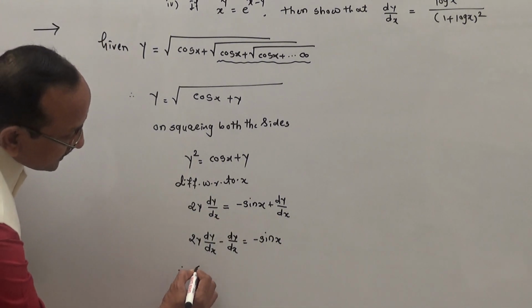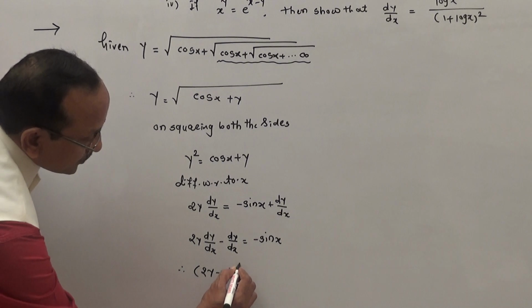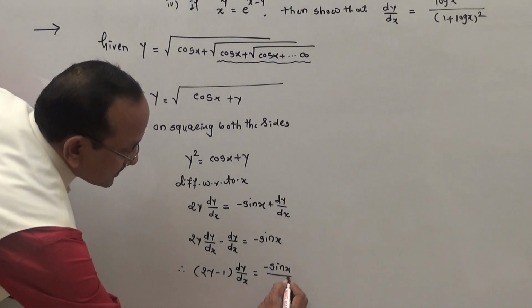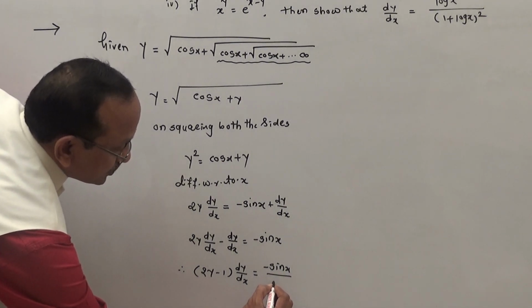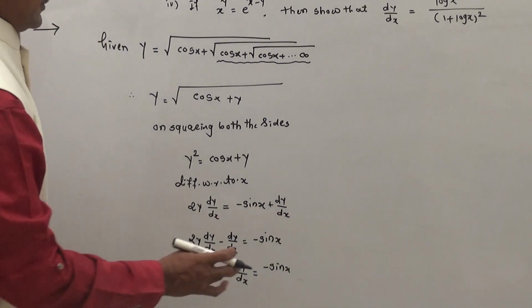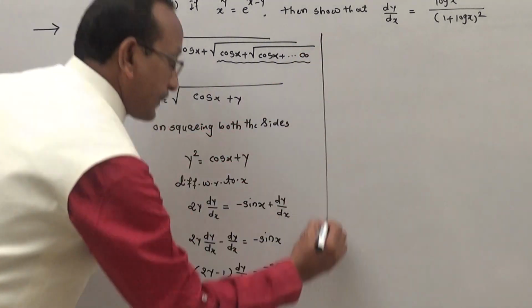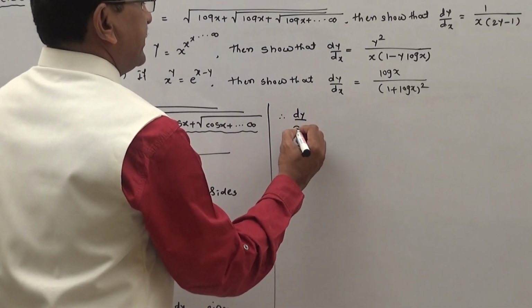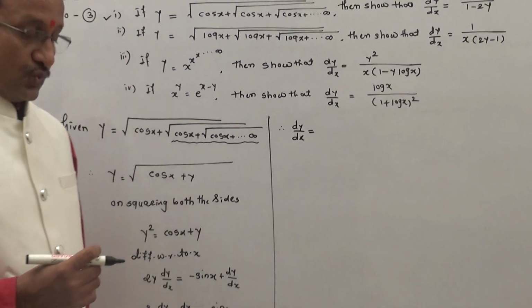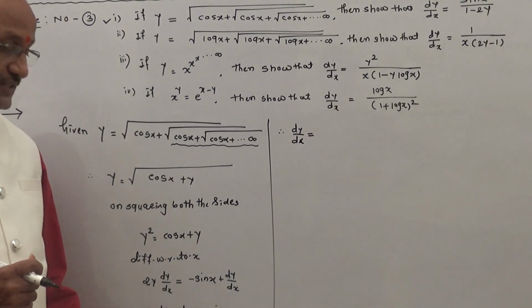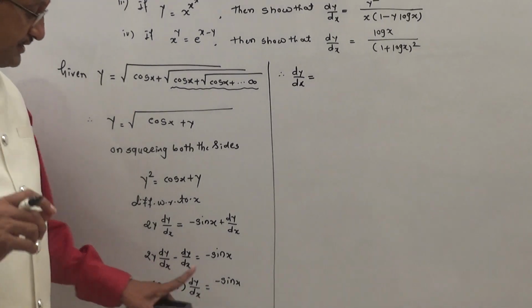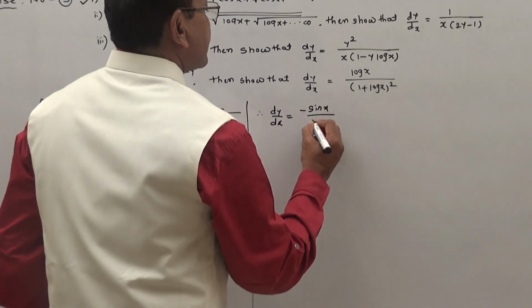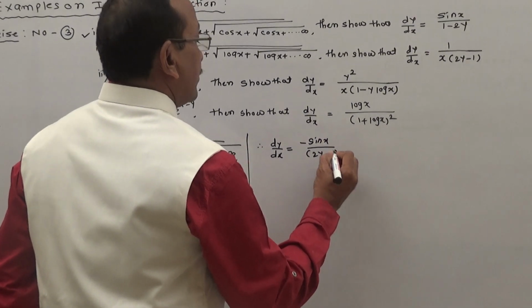Therefore, taking dy by dx common, (2y minus 1) dy by dx is equal to minus sin x. So therefore dy by dx is equal to minus sin x upon 2y minus 1.